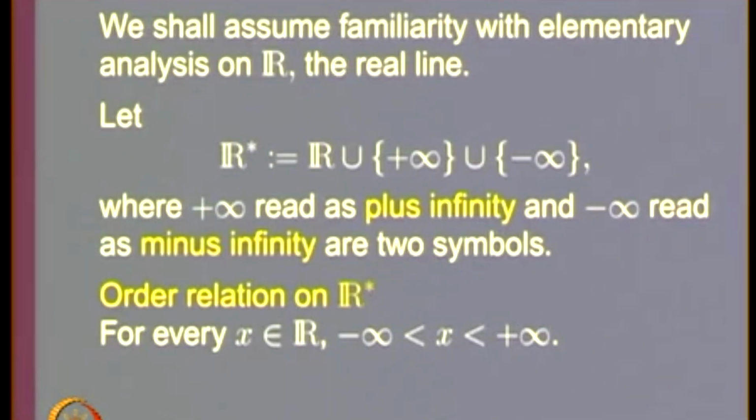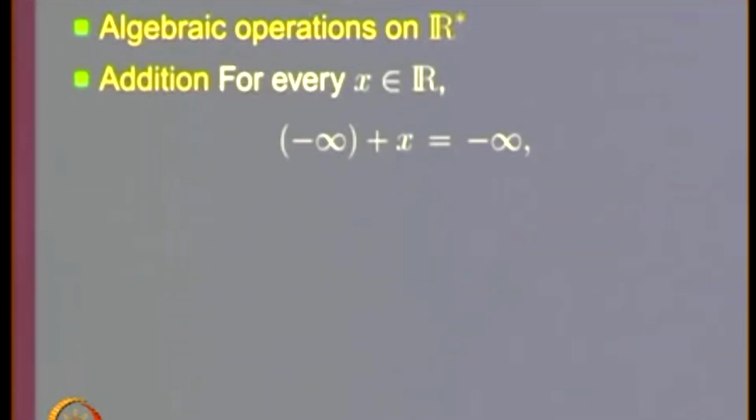For real numbers, the same original order stays. Next, let us look at the algebraic operations on R star. For real numbers x and y, we already know what x plus y is, but for the two new symbols, plus infinity and minus infinity, how are these operations defined? For every x belonging to R, if you add minus infinity to x, you get minus infinity. That is the rule we are specifying for how minus infinity behaves with respect to addition of real numbers. Similarly, plus infinity plus x is equal to plus infinity.